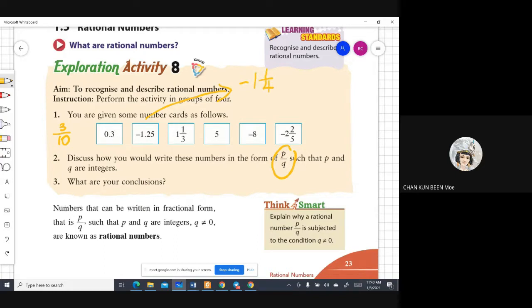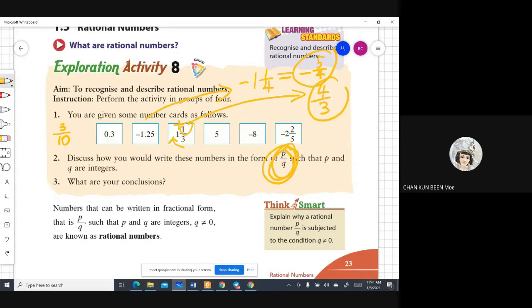And 1 and 1/3, can we write it in the form of P over Q? Yes, 3 times 1, 3, plus 1, 4 over 3. Same with this one, I forgot to change it to an improper fraction. So the improper fraction for this is negative 5 over 4.